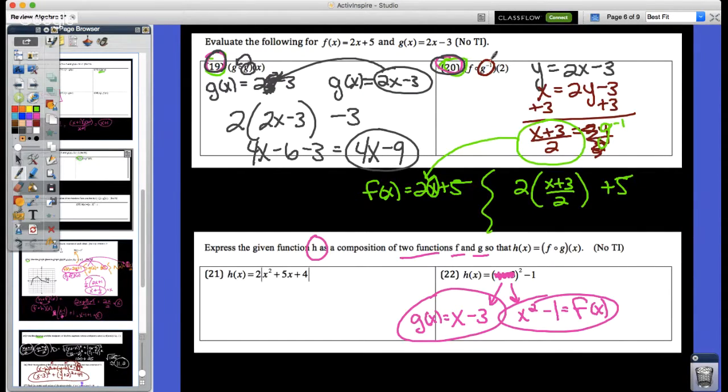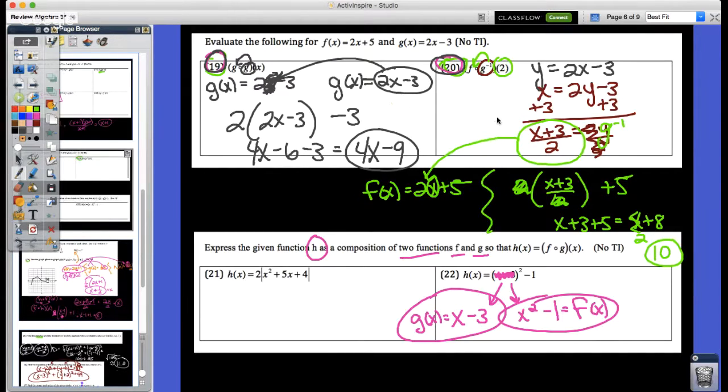Again, I think you're getting the hang of it. Out the last one plugged in the first one. The 2's would cancel, and I would have x plus 3 plus 5, which would be x plus 8. And we remember that the 2 that's left over on that outside now gets plugged in for this x here, equaling a total value of 10.